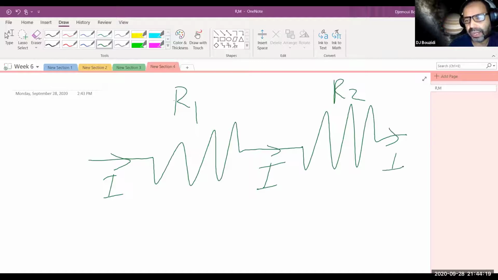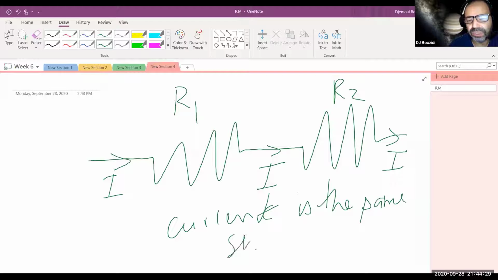So the current I is the same when I'm dealing with series circuits. Remember when we were talking about capacitors, we didn't have currents, we had charges. The charge is the same in the case of series capacitors.